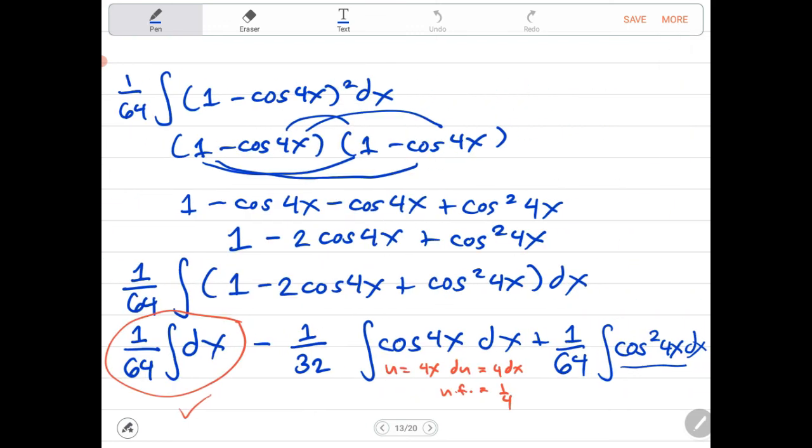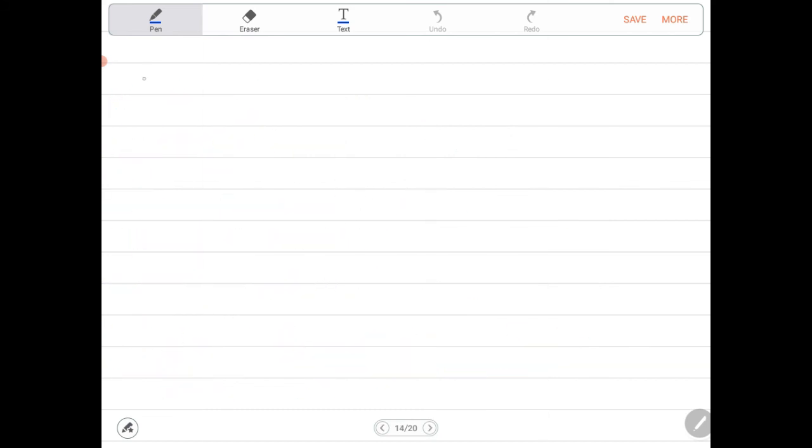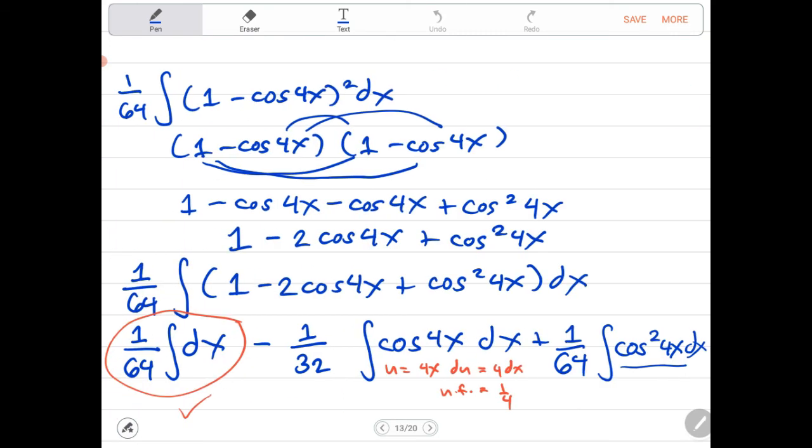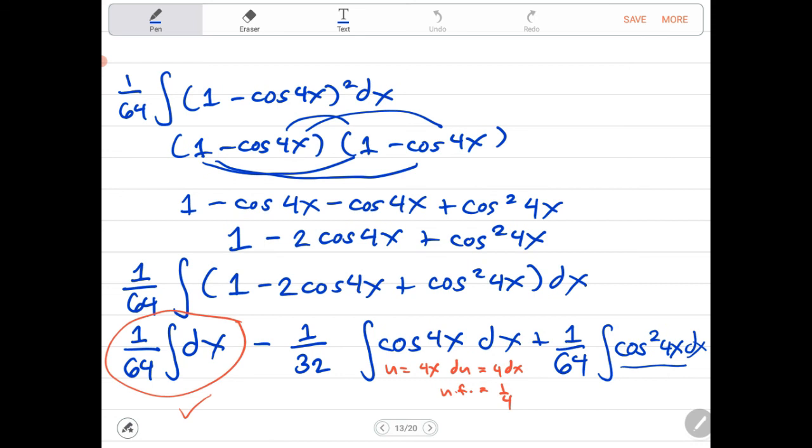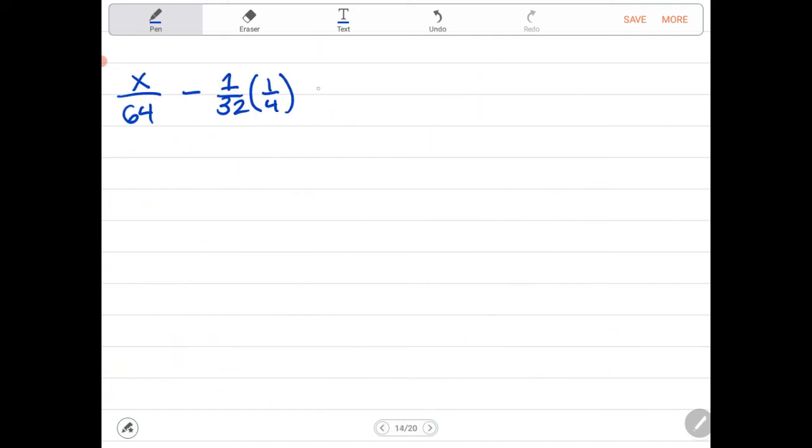What is the integral of dx? That is x. So, the first term is x over 64. Okay? So, minus. We are done with this one, no? This one, 1 over 32 times 1/4, the neutralizing factor. Then, the integral of cosine 4x. What is the integral of cosine 4x? That is sine 4x.